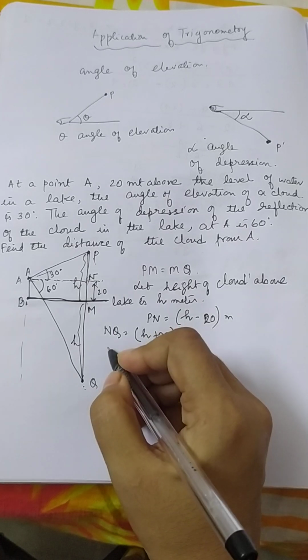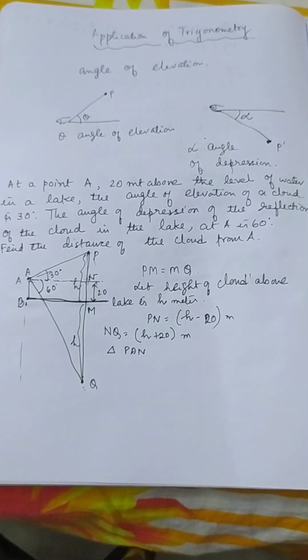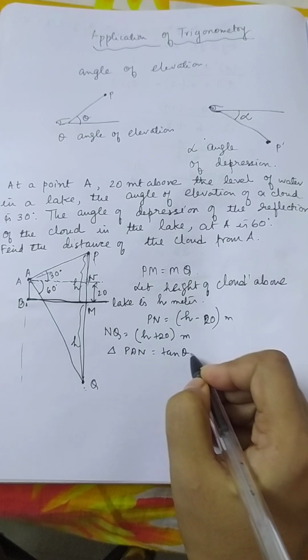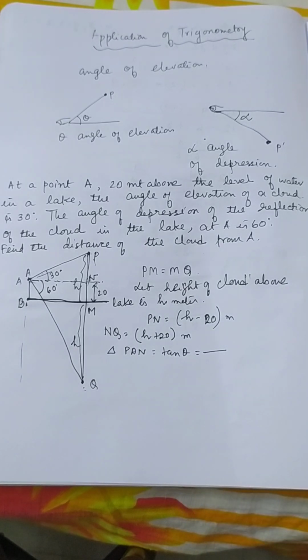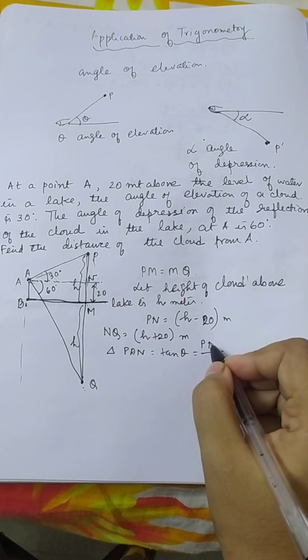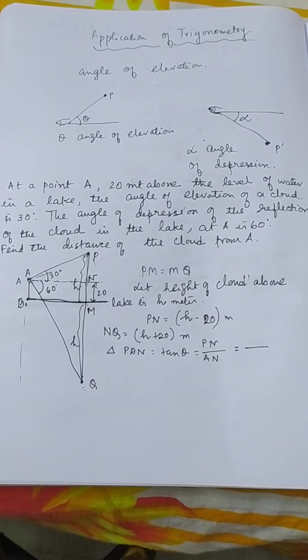So from triangle PAN, if this angle is 30, tan 30 is PN by AN, perpendicular by base.